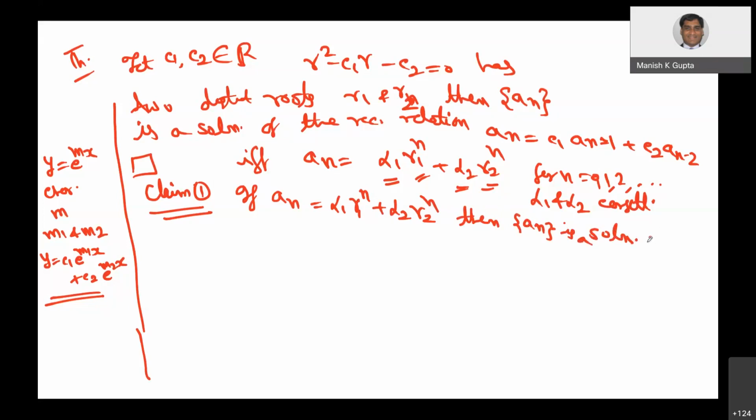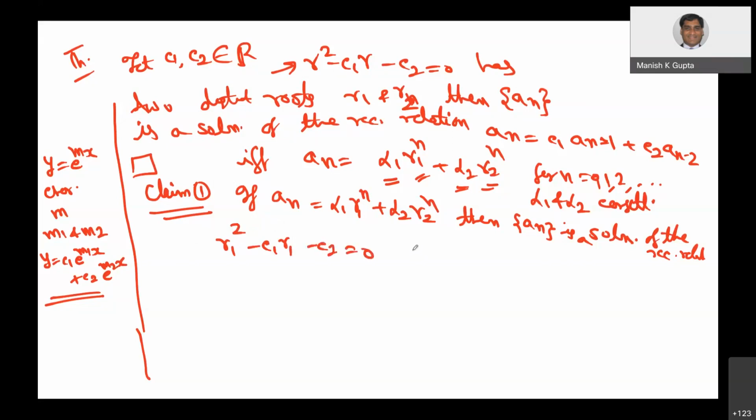Solution of the recurrence relation. Right. So let us suppose, now we know that r1 and r2 are roots of this equation. Since r1 is a root, it will satisfy the equation r1 square minus c1 r1 minus c2 is equal to 0.